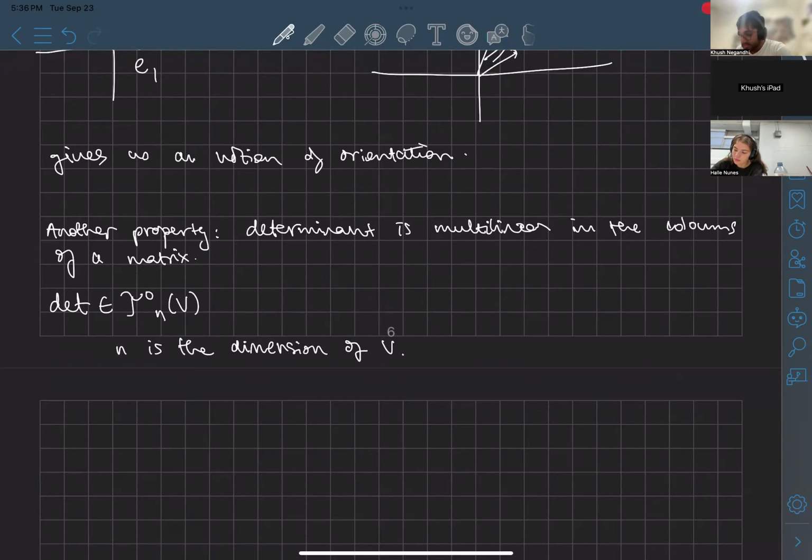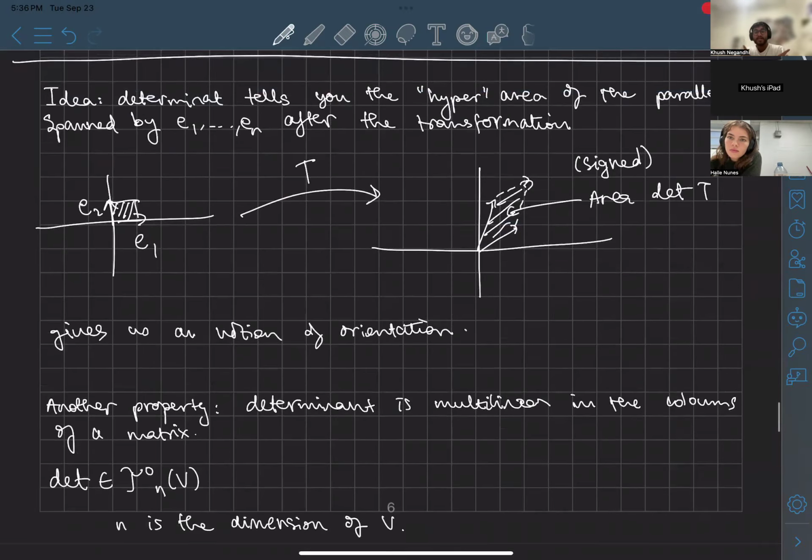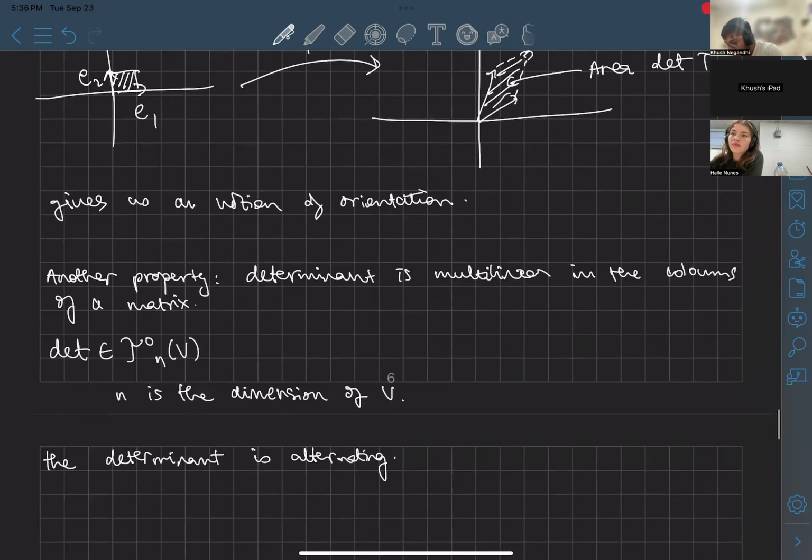Moreover, the other property of the determinant is that it's alternating. What I mean by alternating is that if I swap two columns, I pick up a minus sign, right? This makes sense because now I've flipped the orientation, so my area is flipped up to a sign.